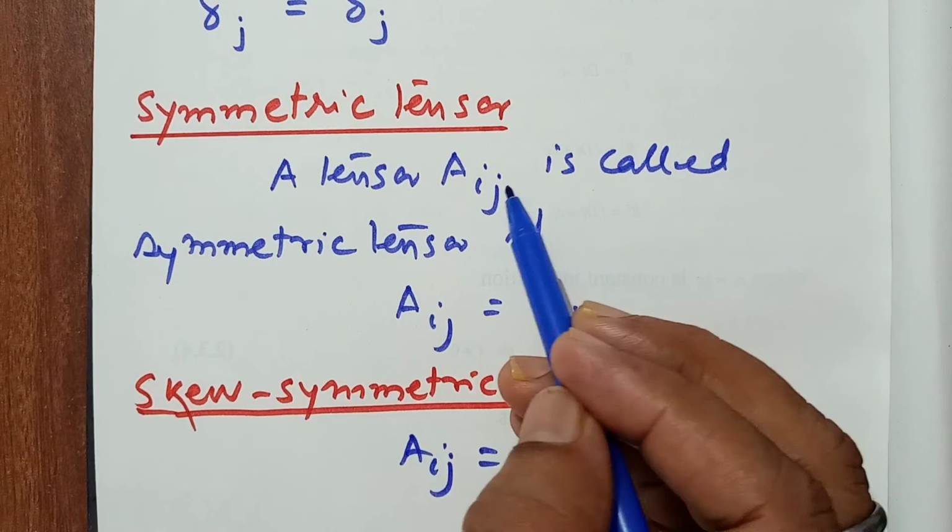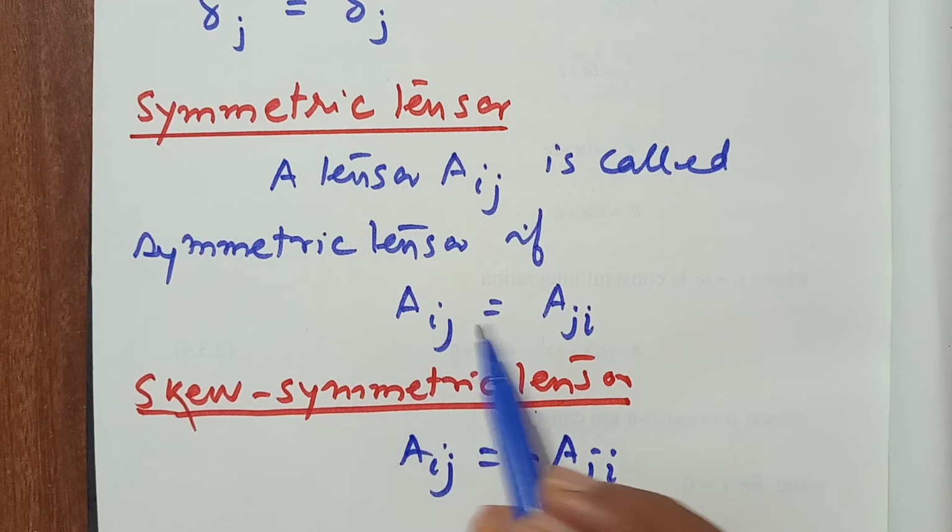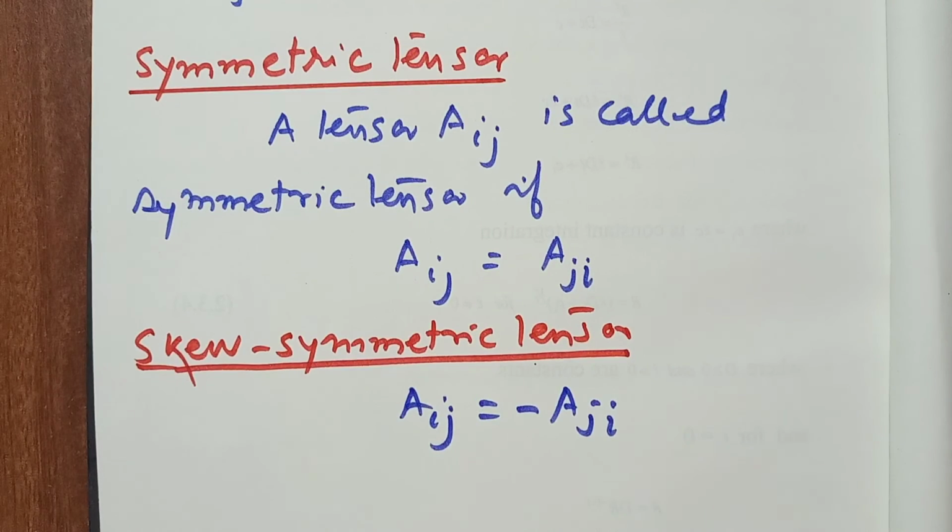A tensor A i j is called symmetric if it is commutative in i and j, and skew symmetric if A i j is equal to minus A j i.